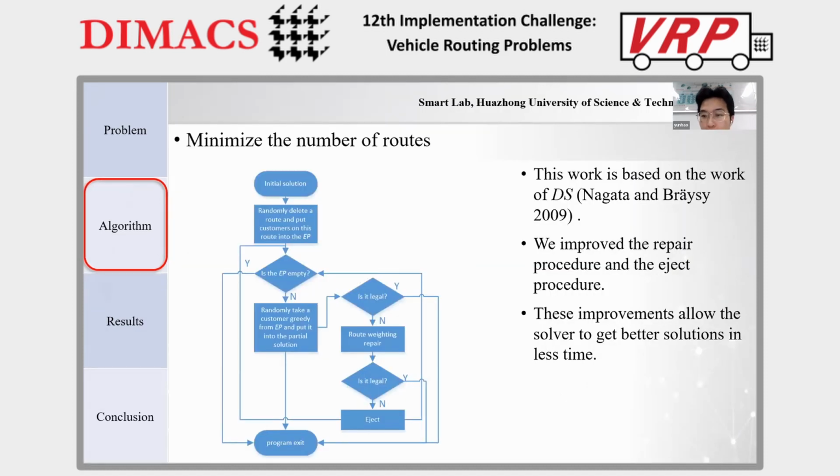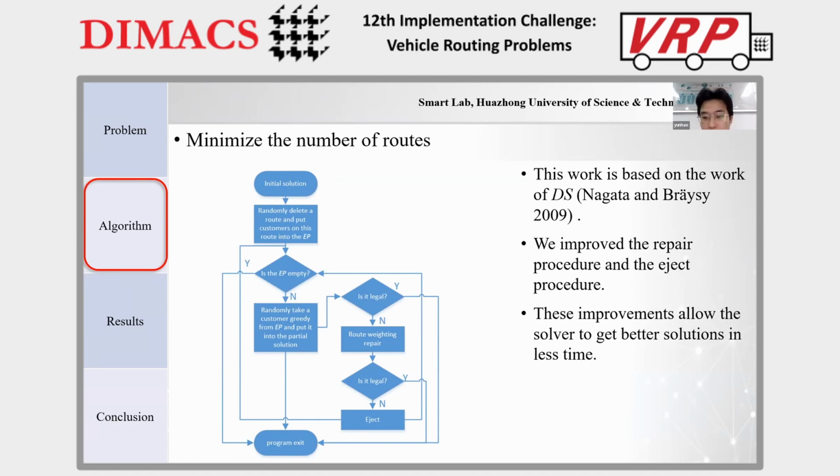The reduction of the number of routes is based on the work of the NEGATOR's DS. Firstly, select a route from the initial solution, put its customers into the ejection pool, and the goal is to clear the ejection pool. While the EP is not empty, select a customer v from the EP randomly, and put the customer into the partial solution. If there isn't a feasible place to insert the customer, a position with a minimal penalty is selected for the customer.